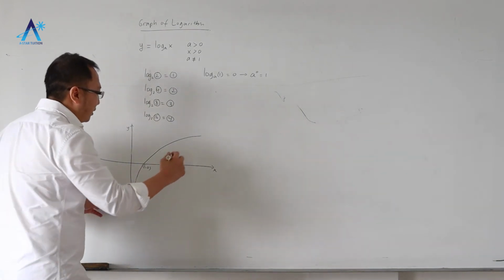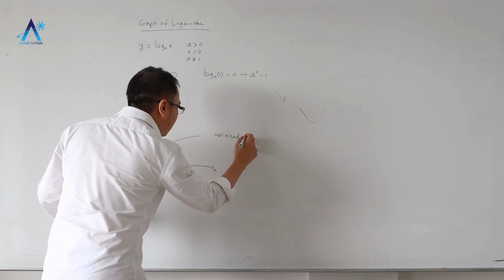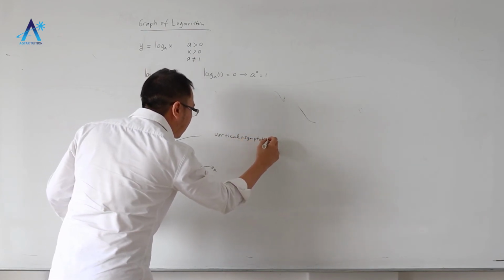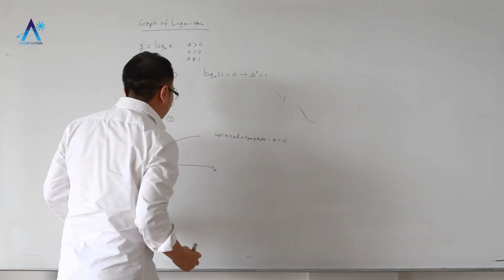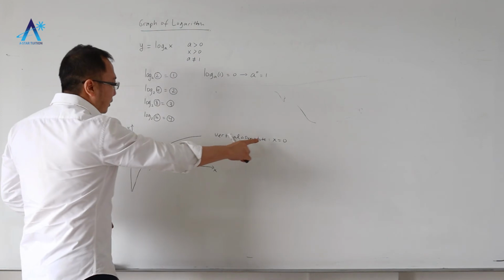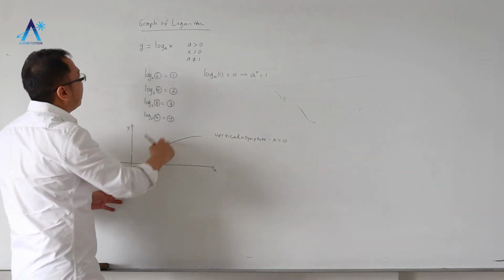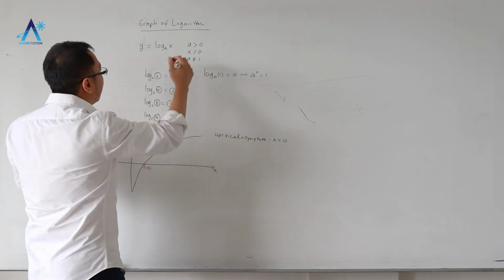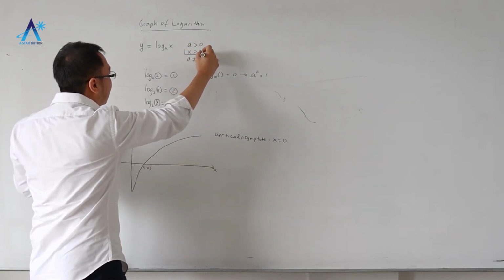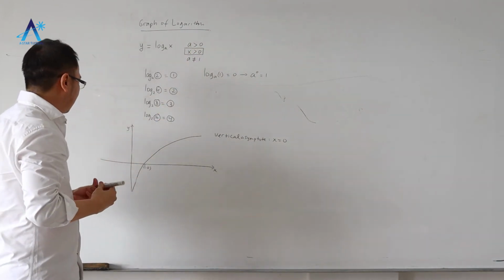So we say that the vertical asymptote is x equal to 0. Okay, this x equal to 0 will never be crossed by the graph due to the following constraint: x can never be equal to 0.